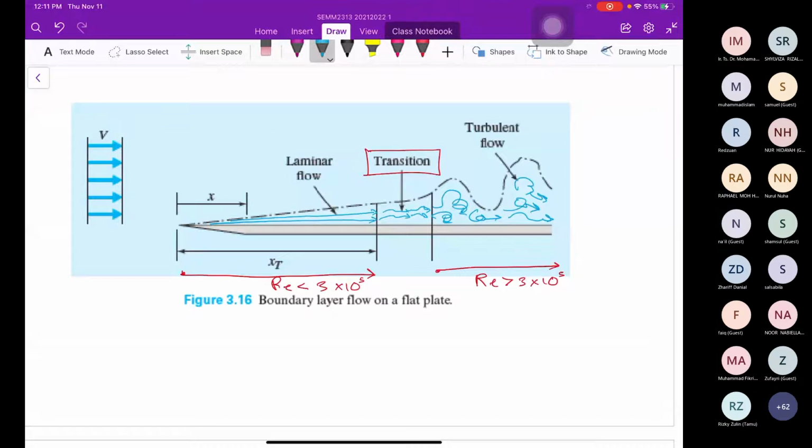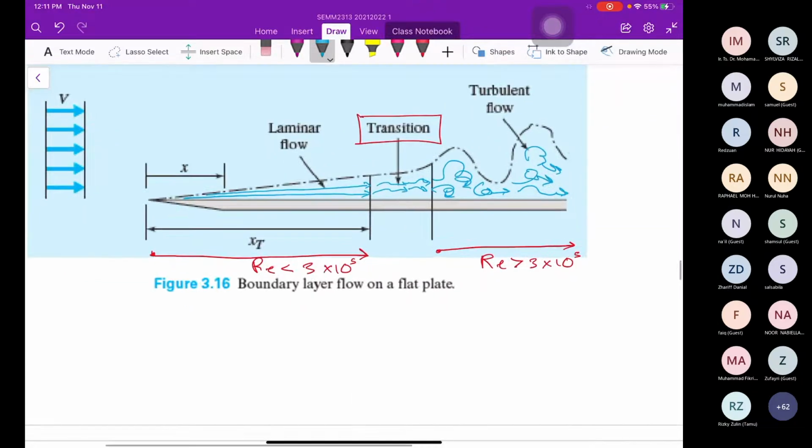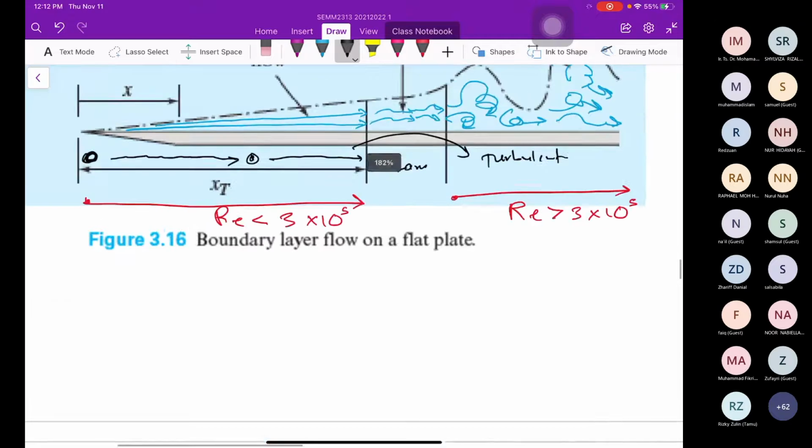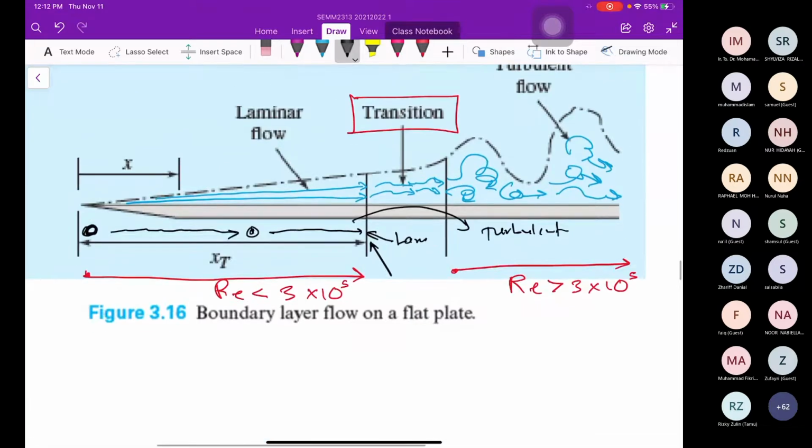Initially the laminar flow is very slow, and the speed increases until this maximum speed, which is still considered laminar. When it increases further, it will become turbulent flow. So the question asks to find this maximum speed before it becomes turbulent, V max.